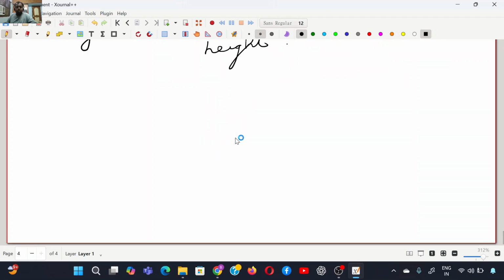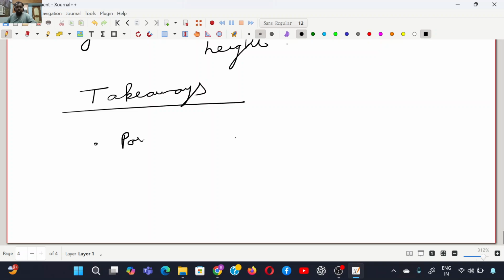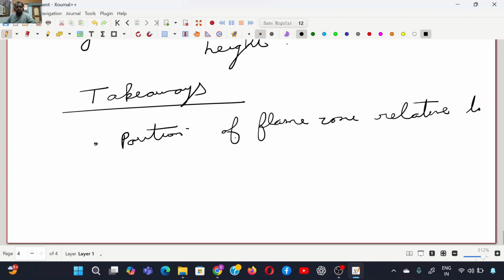So what are the key takeaways here? One is that the position of the flame zone relative to the hollow cathode lamp is very important. The next takeaway is that the interzonal region is the most important when it comes to analysis.